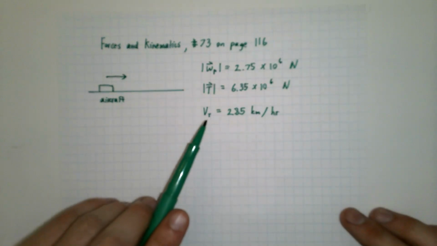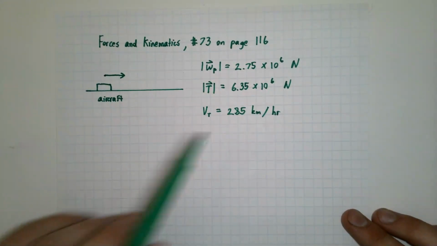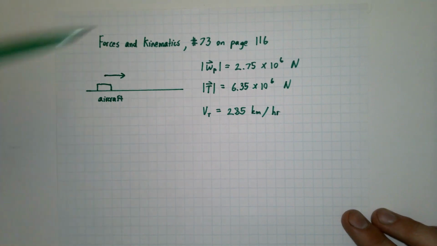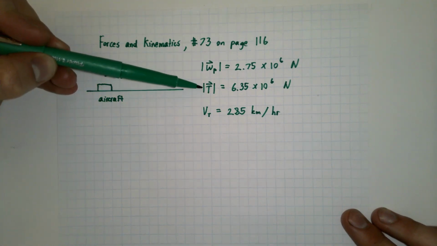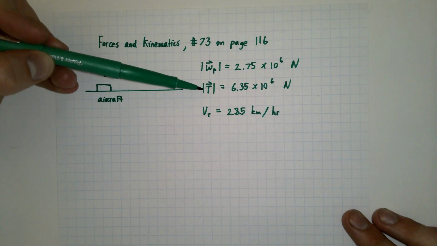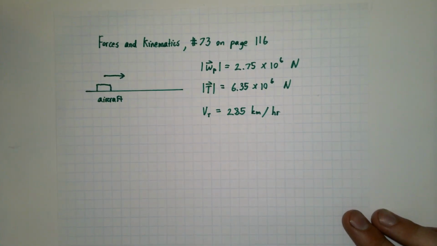Its takeoff velocity I labeled as v sub t, which is 285 kilometers per hour. It's able to reach that takeoff velocity from rest because it has some force of thrust acting on the aircraft from the jet engines. This is the amount of thrust that those engines produce.